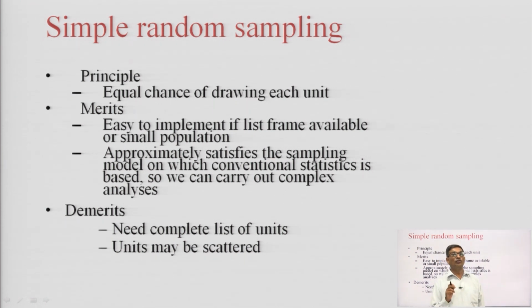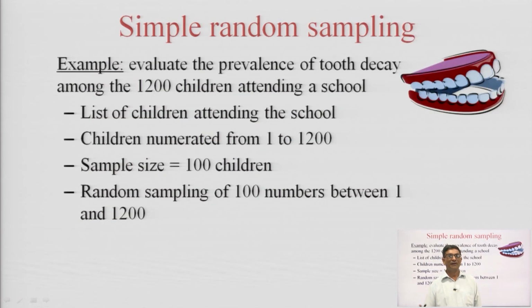And second, units may be scattered. So, it is very tough to prepare a complete list of the units. These two are the demerits of simple random sampling.